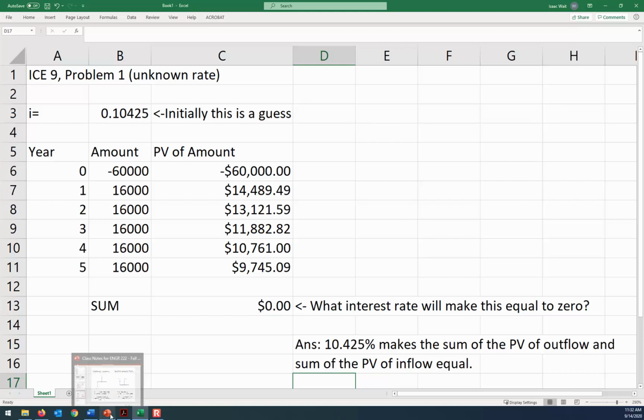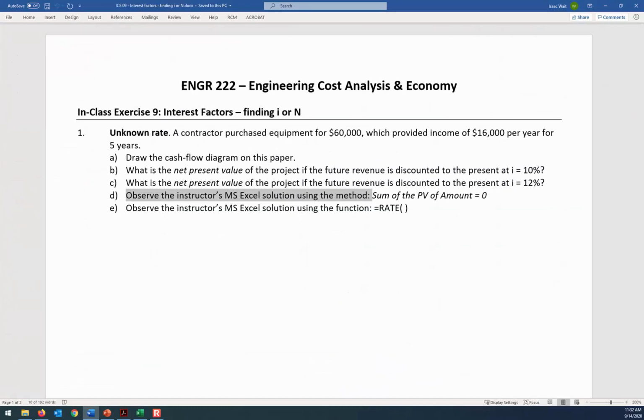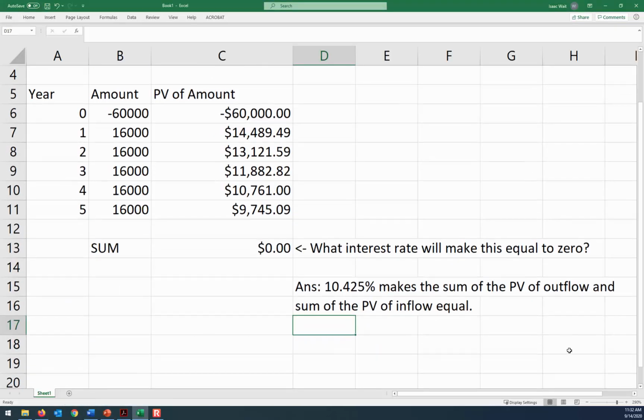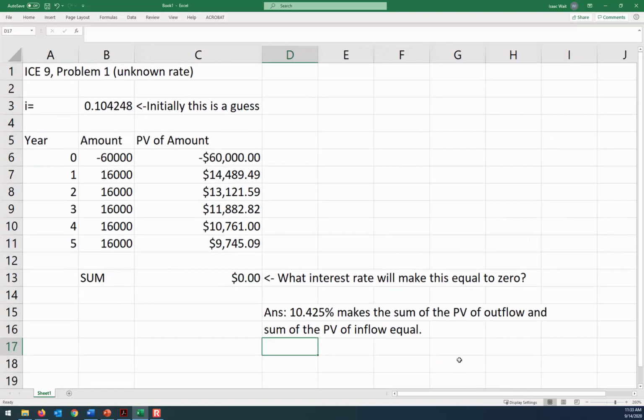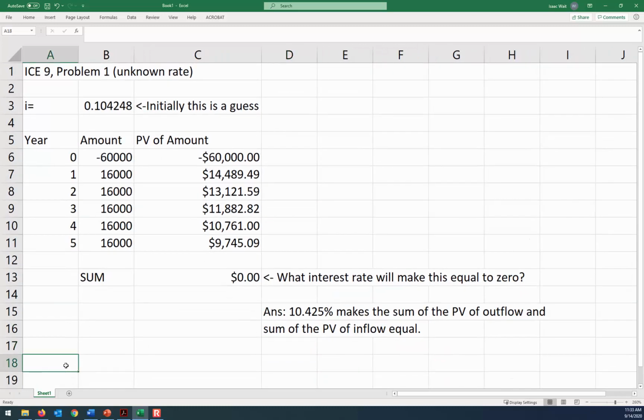Now, what about the rate function? I think you, on the homework, need to know how to use the rate function. Let's see here. So if you just do equals rate, then it starts to prompt you on things to type in.